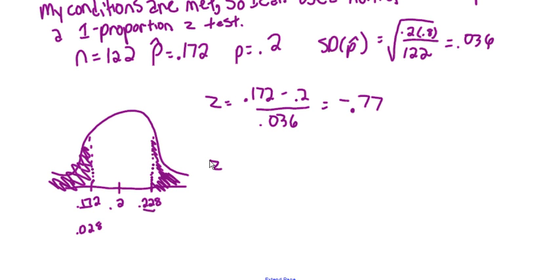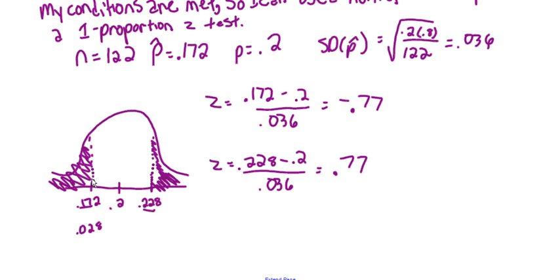Now if I do 0.228 minus 0.2 divided by 0.036, I get positive 0.77. Notice how the z-scores are the same except one's positive, one's negative. They're opposites of each other. That's because, remember, the normal model is symmetric. I'm going the same amount away, just one above the mean and one below the mean.